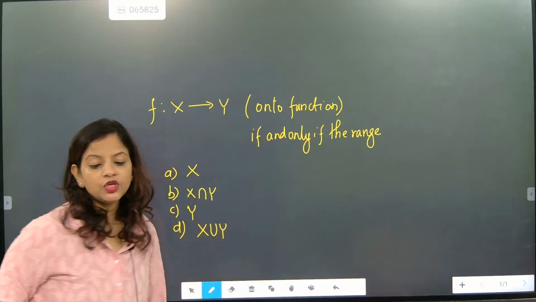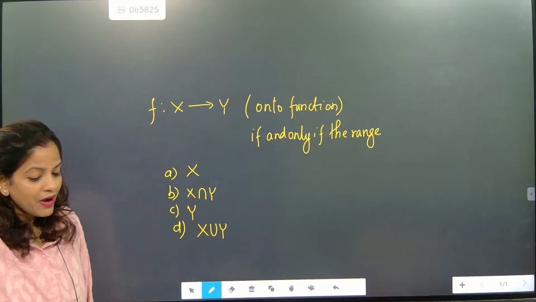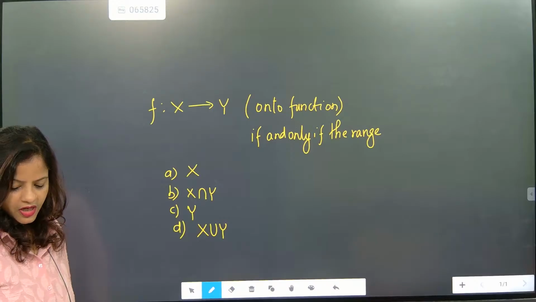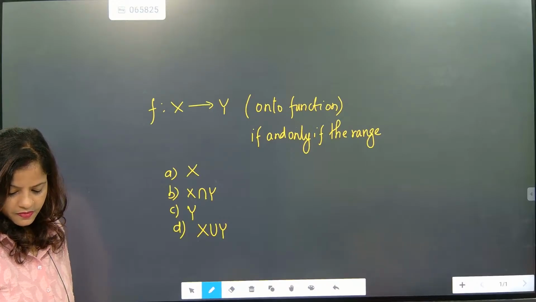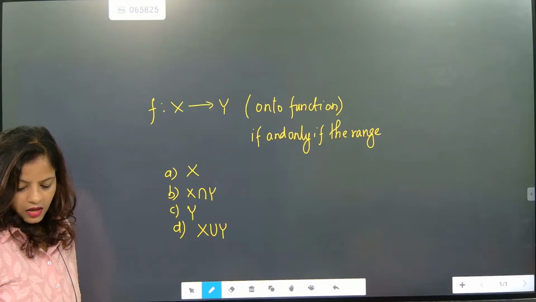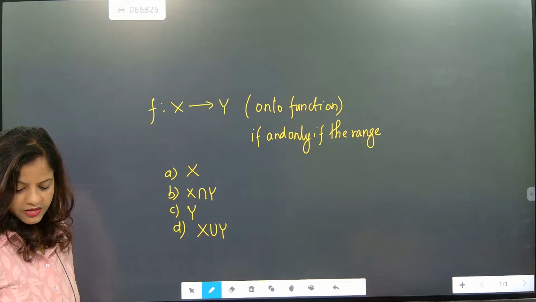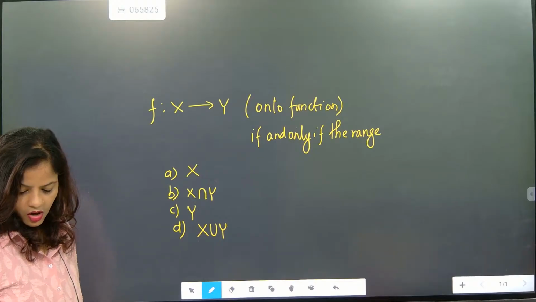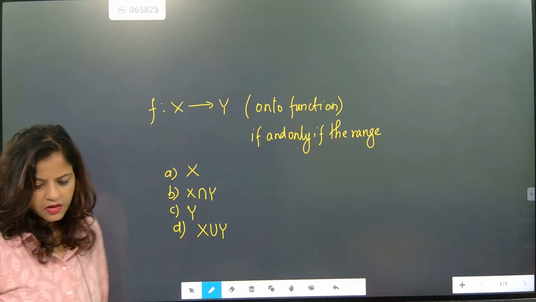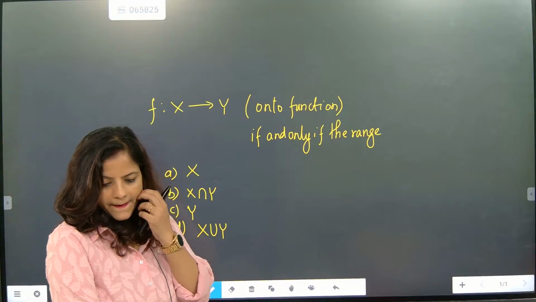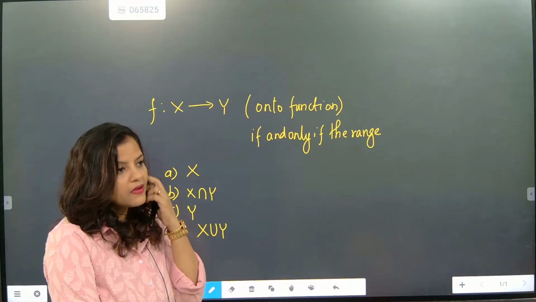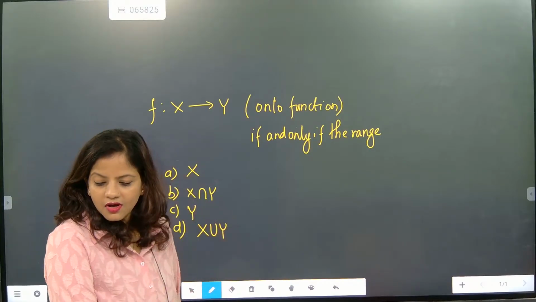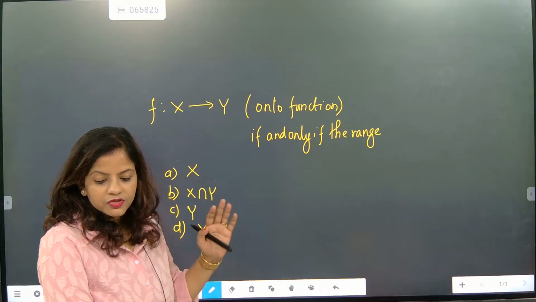So which one is going to be the correct answer? Come on, say. Children, just tell me, which option is the correct answer? Option C. Option D. Okay, good evening, Joshika.